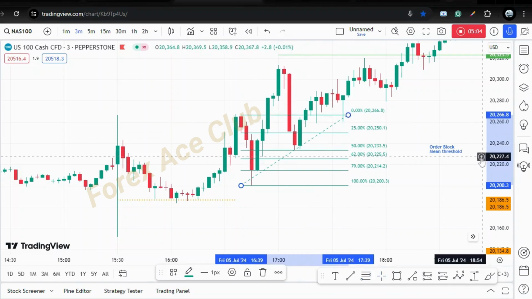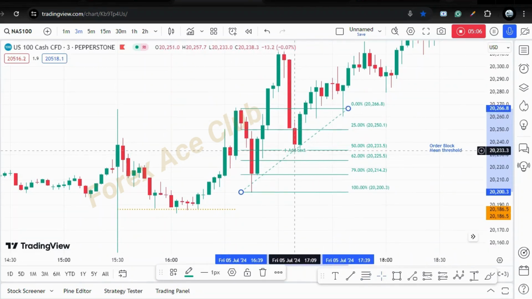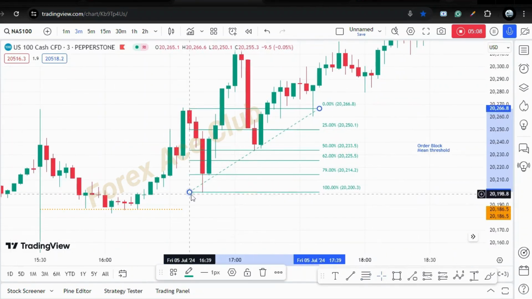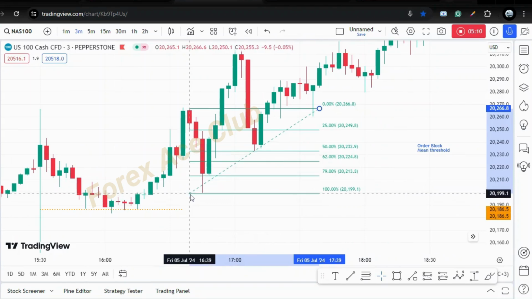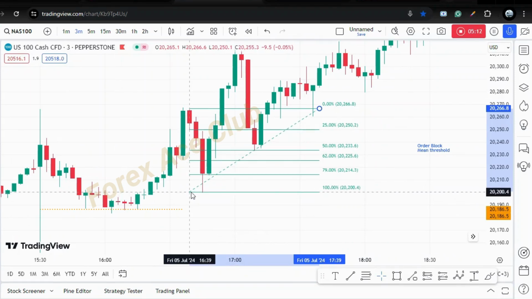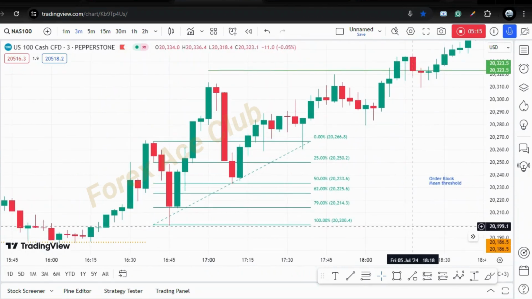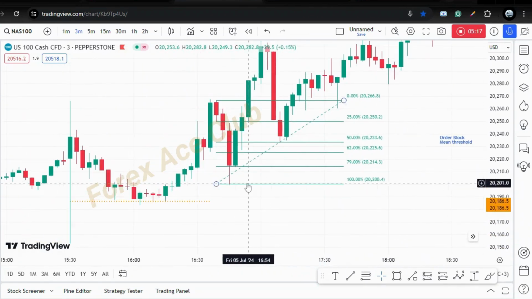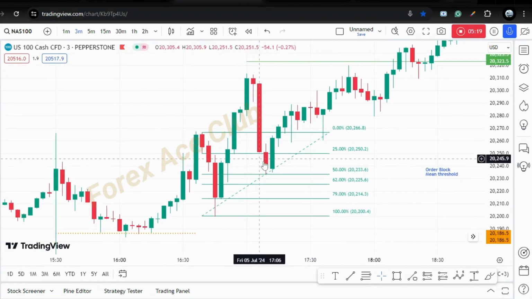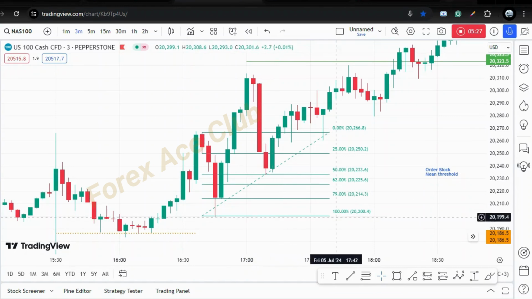Now that's the 50% of the order block. Good. So look at what the market did. The market traded into the 50% and did not violate the 50%. So that was my first indication, and I took a buy.